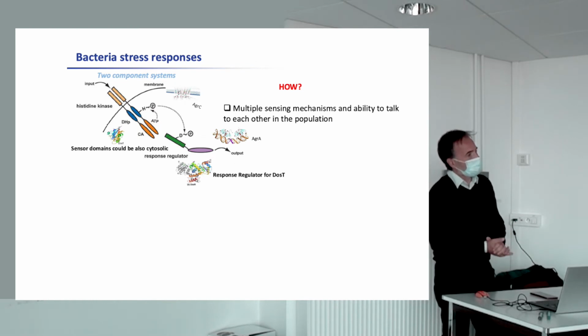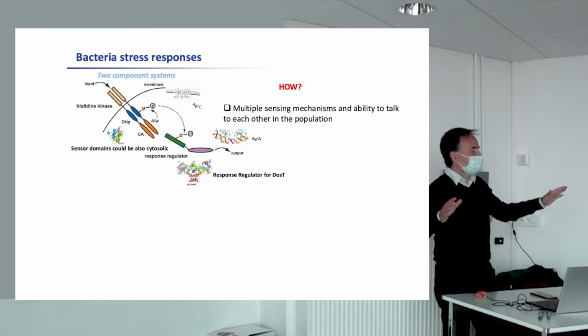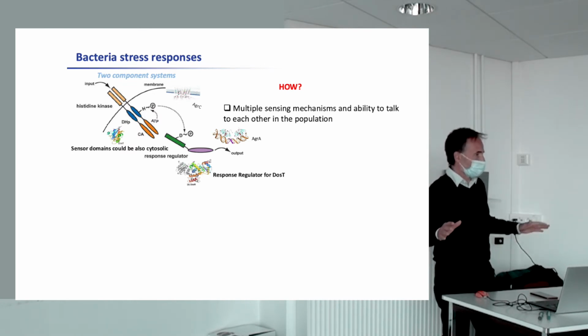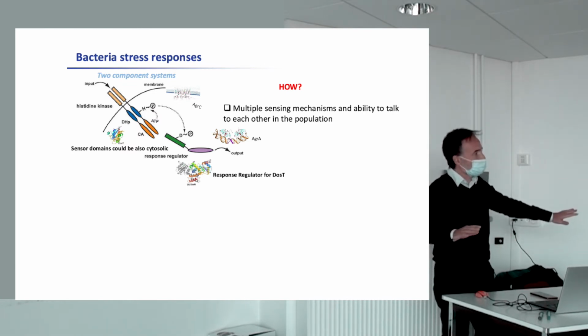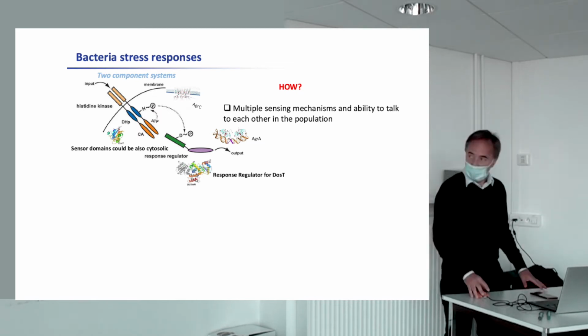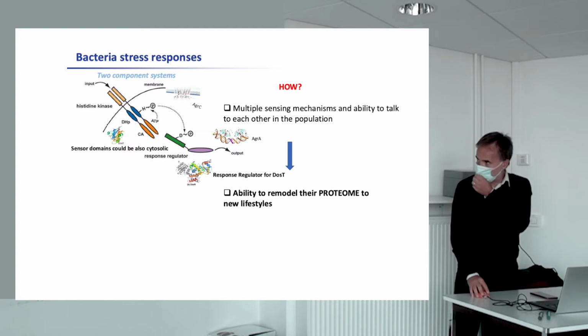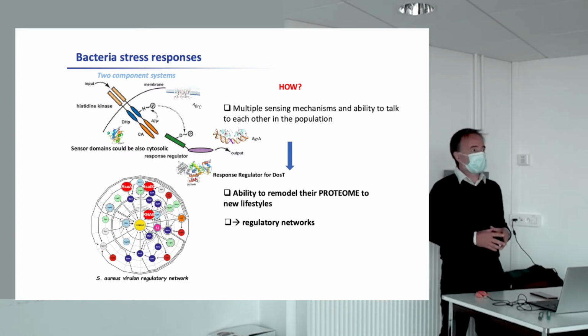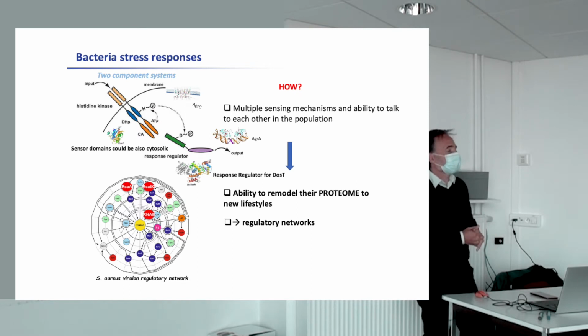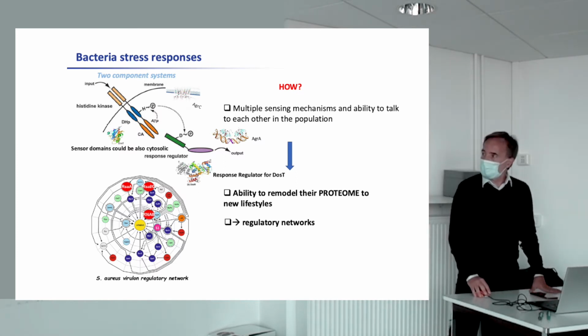In this case, RNA molecules that are themselves regulating the expression of several genes, repressing some genes and activating some other genes. But we are going to see these two systems in detail later. So, as I told you, to respond to a single stress, bacteria have to put in place quite complicated regulatory networks.